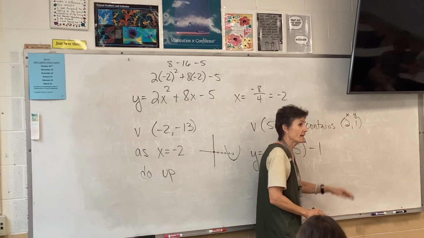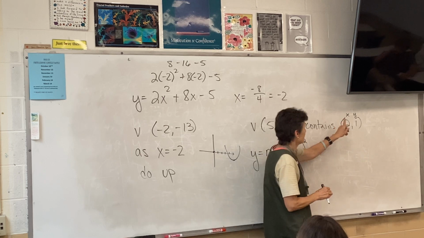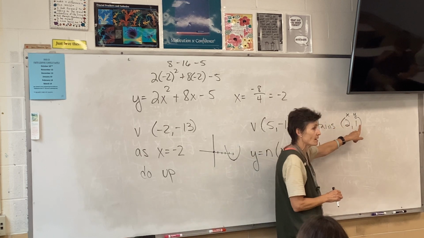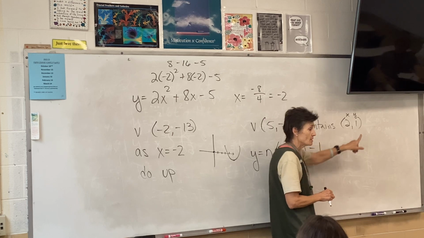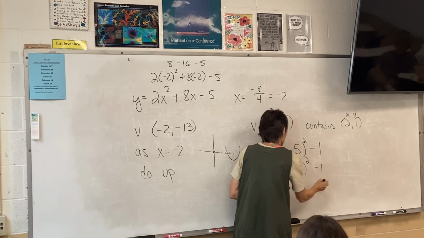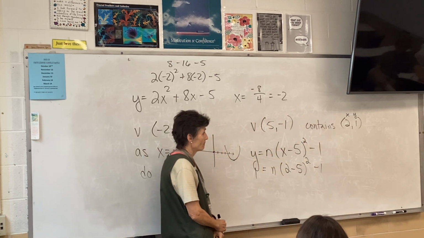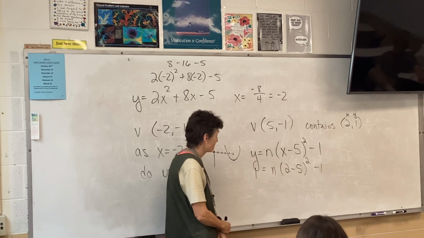Exactly. And I know this sounds crazy, but make sure that you're putting 2 in for x and 1 in for y. So 2 goes in for x and 1 goes in for y. Because that's what that point is.